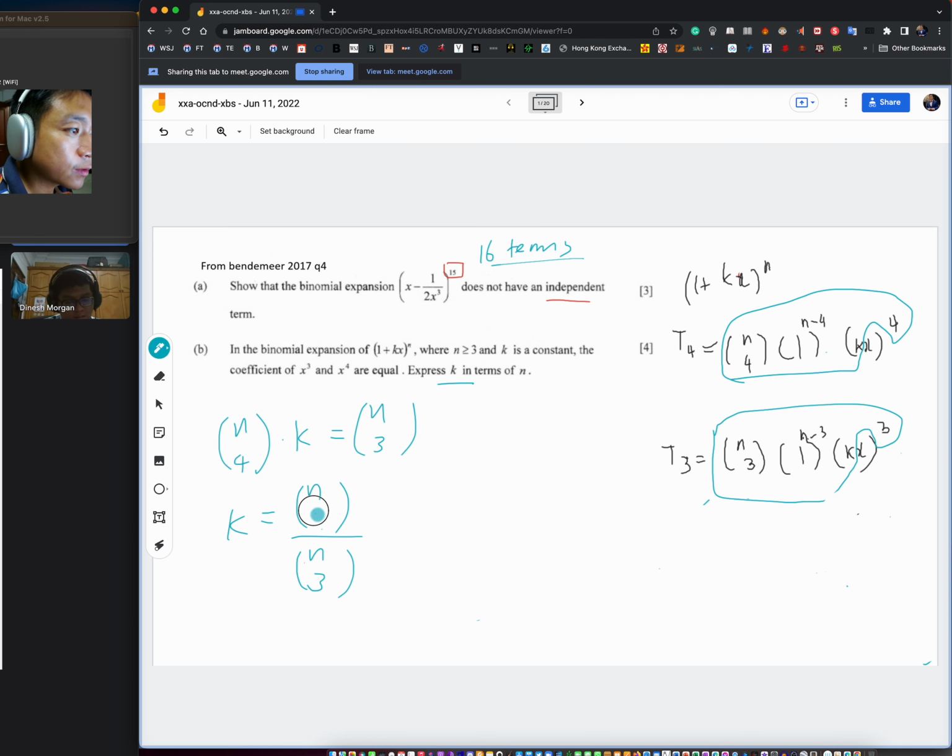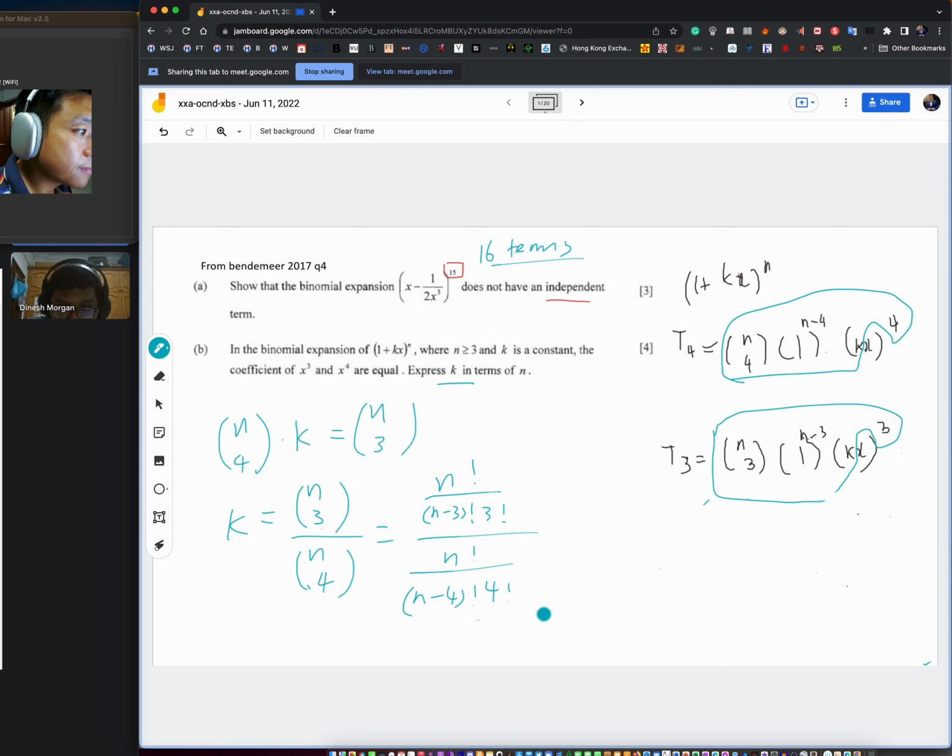Yeah, the factorial one. Can you still remember that one? Okay, so if you expand this, this is n factorial over n minus 4 factorial and 4 factorial.